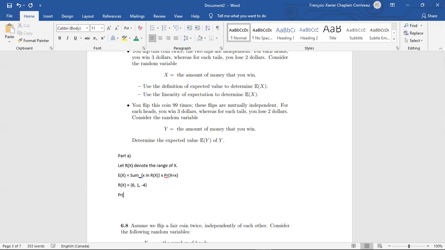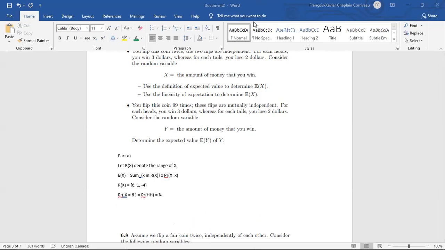These probabilities are not too hard to compute. Actually, they should be pretty easy. What is the probability that X is equal to 6? That's the probability of getting heads heads, which is just 1/4. What about the probability that X is equal to 1?